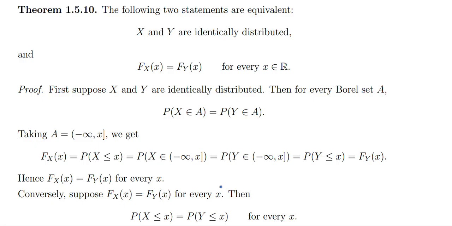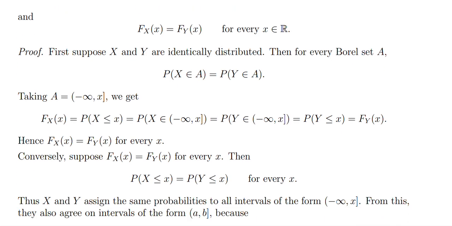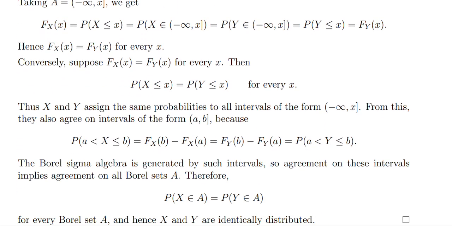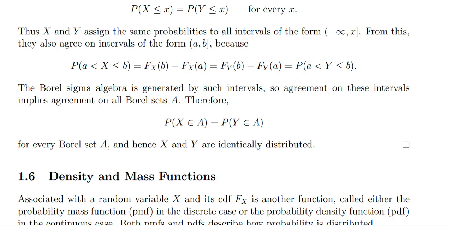Conversely, if F X of x equals F Y of x, then probability of X less or equal to x is the same as probability of Y less or equal to x. So let us now take probability of a less than X less than or equal to b, which is F X of b minus F X of a, which we just showed.